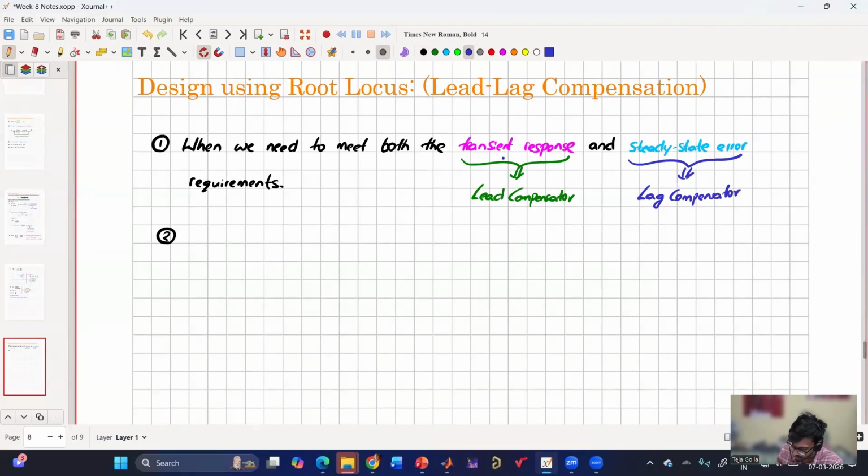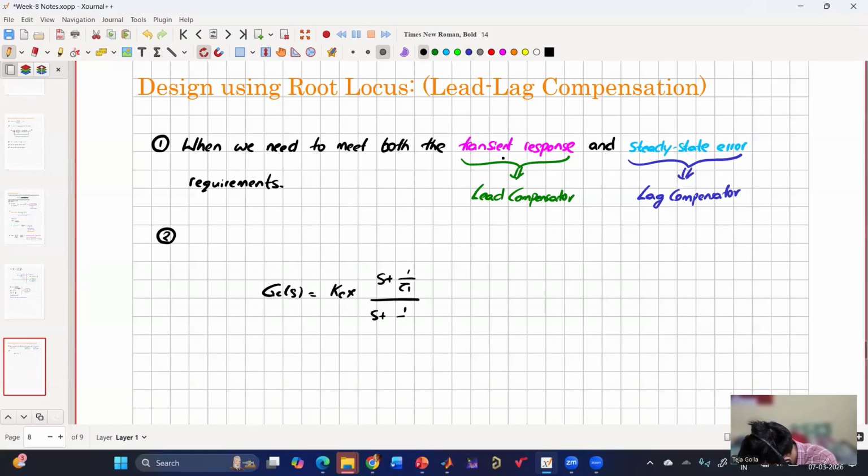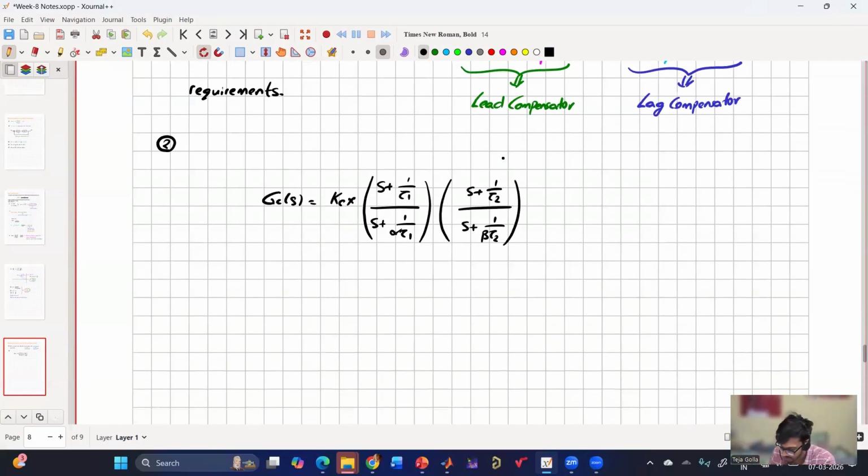Okay. So now, what is the point here? The transfer function GC of S is nothing but it has a single Kc into S plus 1 by tau 1, S plus 1 by alpha tau 1, then S plus 1 by tau 2, S plus 1 by beta tau 2. So first we'll always design the lead compensator. So this is my lead compensator with the gain.